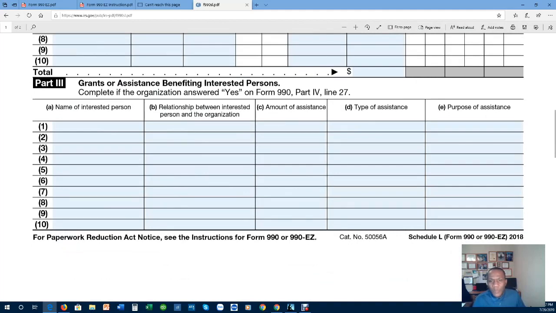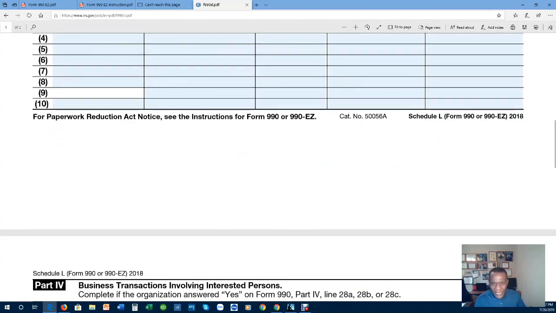This part must be completed if the organization answered yes on Form 990 Part 4, line 27. Name of the interested person, relationship to the organization, amount of assistance given, type of assistance, and purpose for which the assistance was given. If you have multiple interested persons, their names must be entered here.